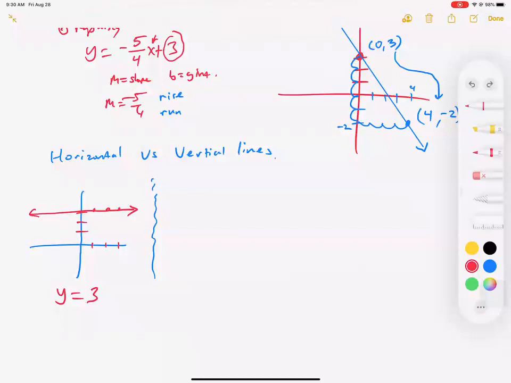So for a vertical line, let's draw this again. Just to reiterate, a vertical line 1, 2, 3. So we see x is 3, and y could be changing.